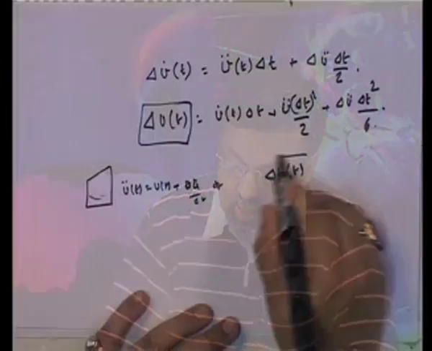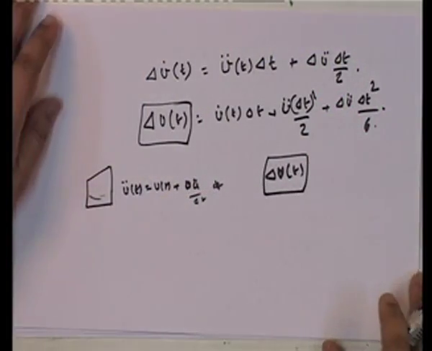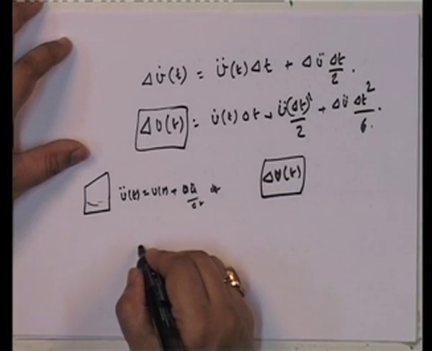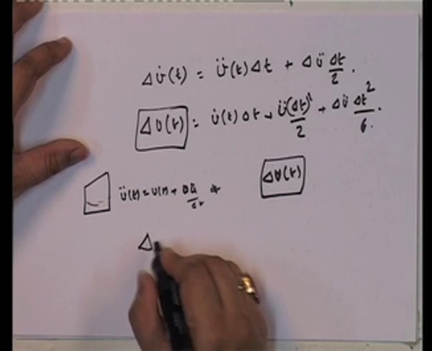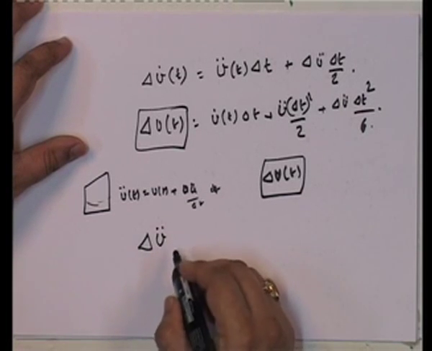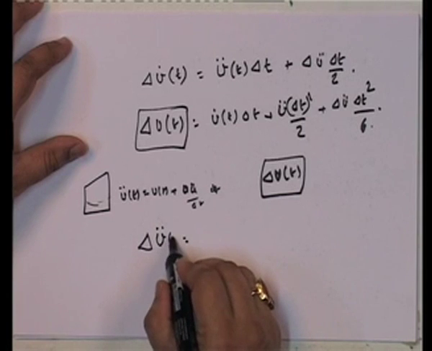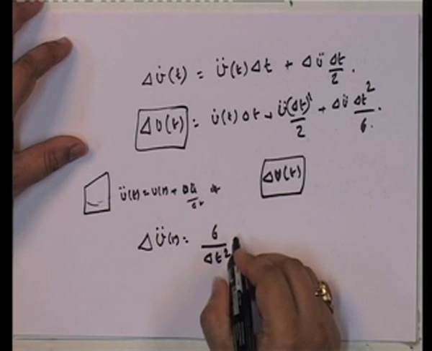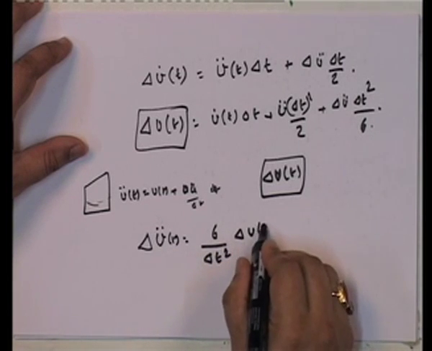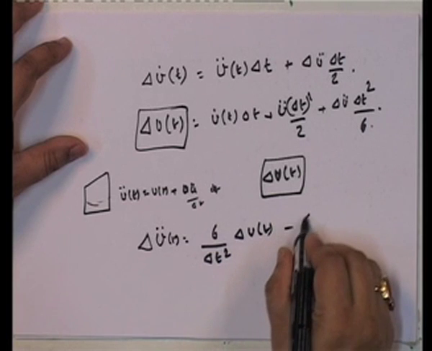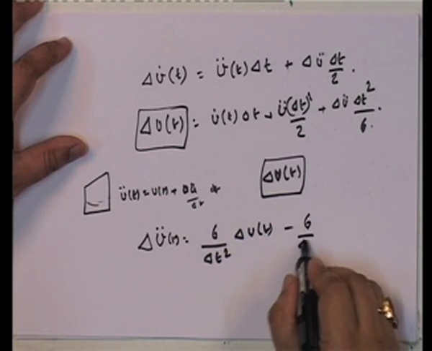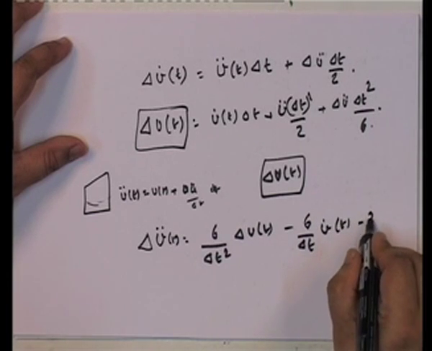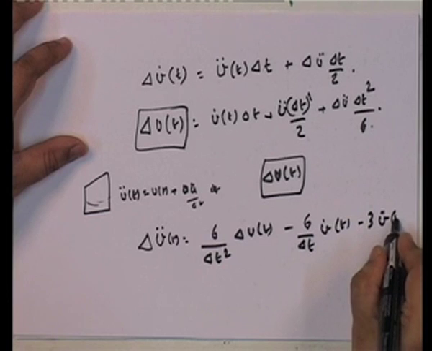So, therefore, I will consider my delta v as my basic variable, and if I take delta v as my basic variable, then the whole thing can become the following: delta v double dot of t becomes 6 upon delta t squared into delta v of t minus 6 upon delta t into v dot of t minus 3 v double dot of t.